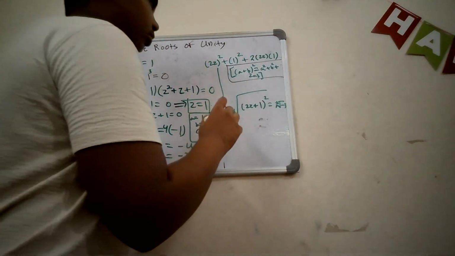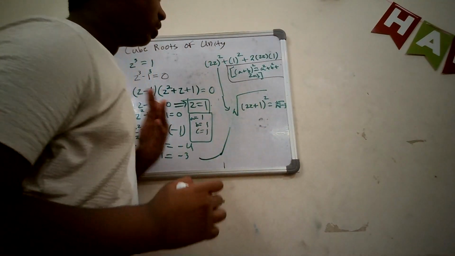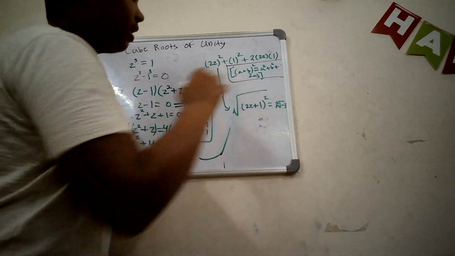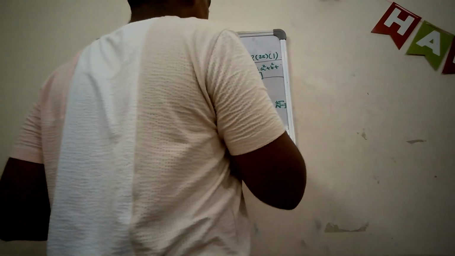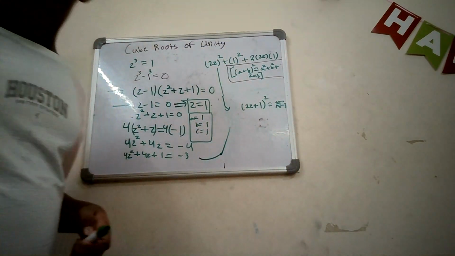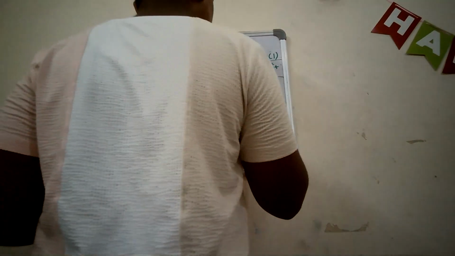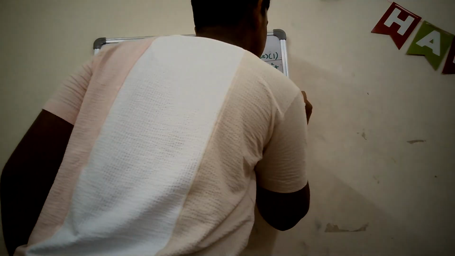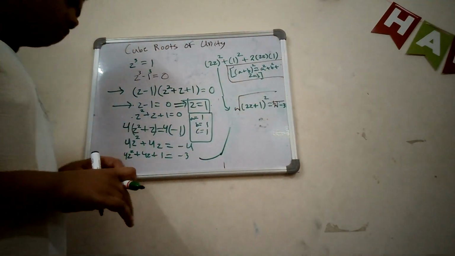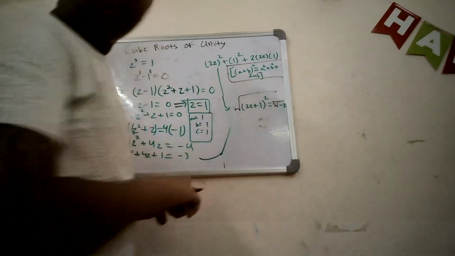So plus or minus the square root of -3. Now this is imaginary. We'll take the square root on both sides so you can see the operation clearly. Plus minus.